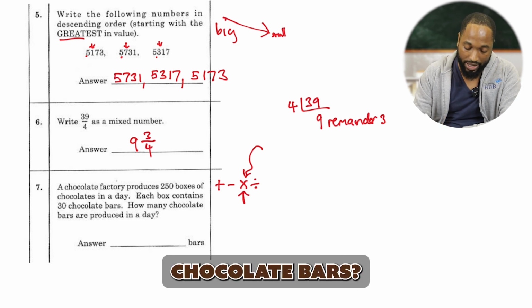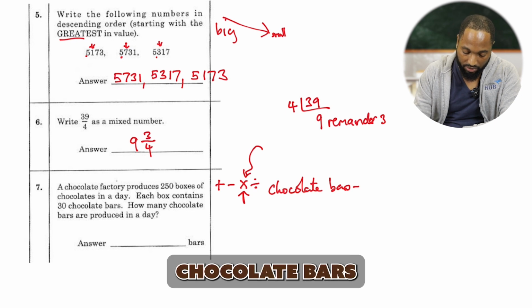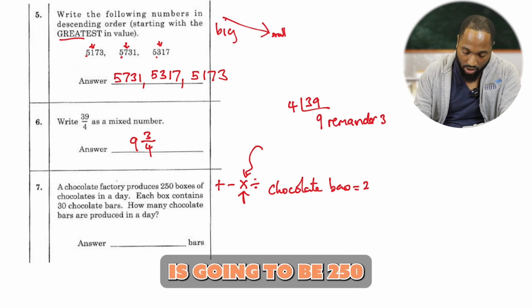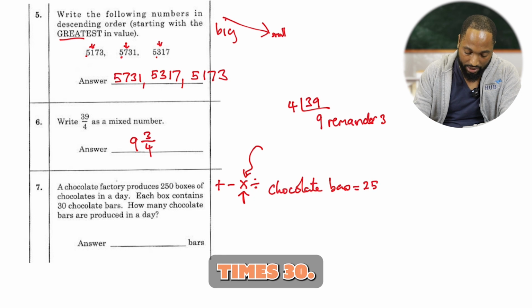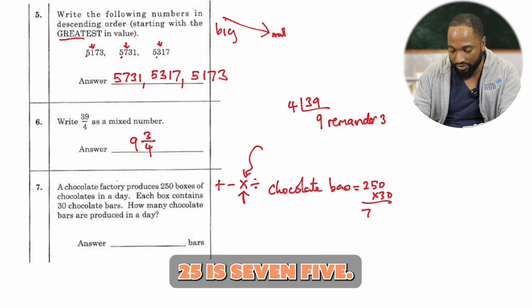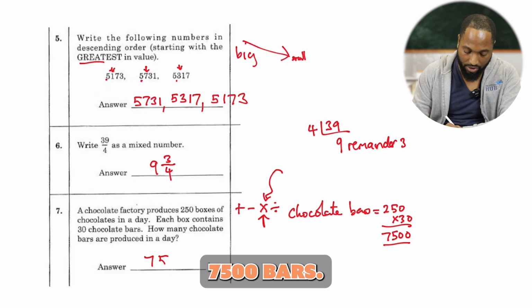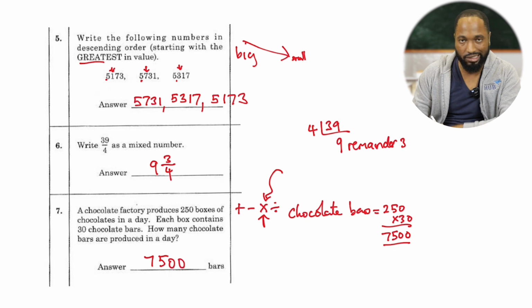So the number of chocolate bars is going to be 250 times 30. Now 3 times 25 is 75, and I can just add in the other zeros. So this is 7,500 bars.